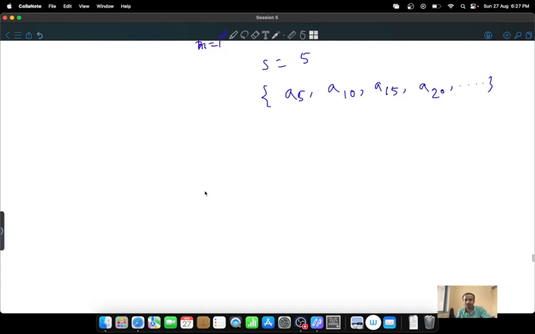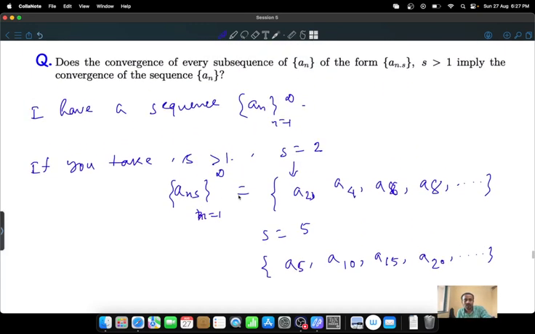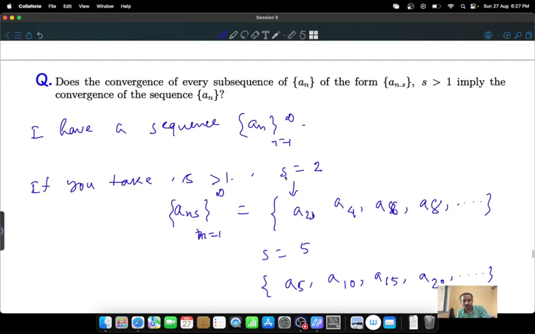So the question: whatever subsequence in the form ns you take, where you multiply by s and take the subsequence, it converges, that is given, but the question is whether the original sequence converges or not.